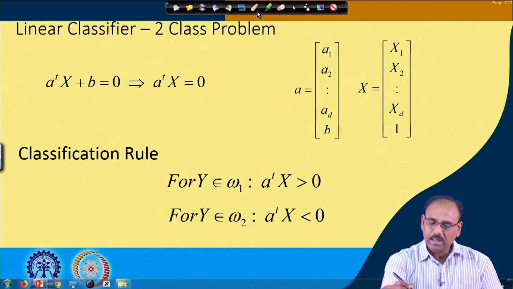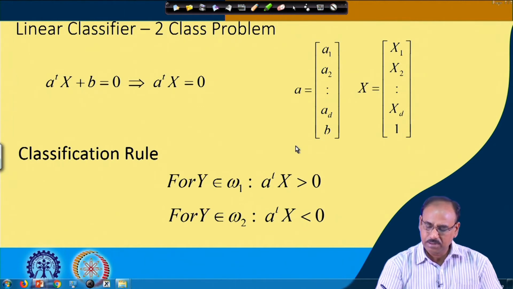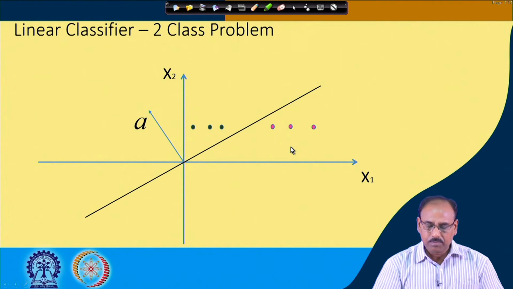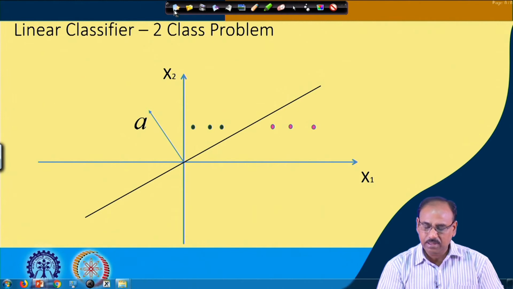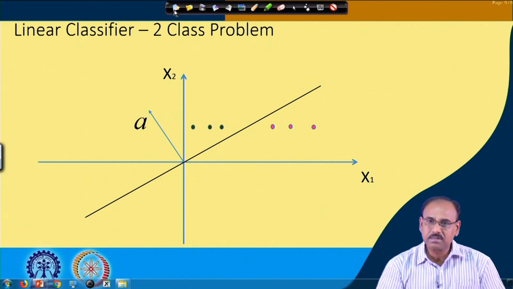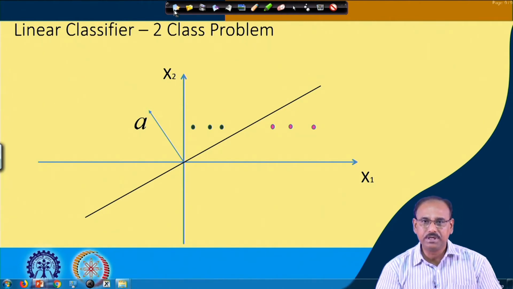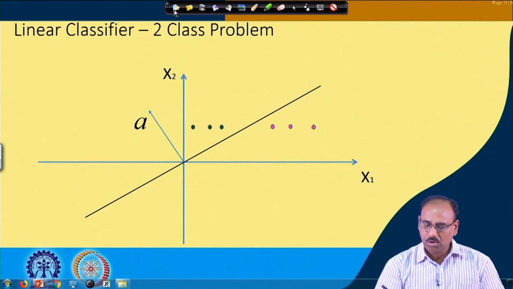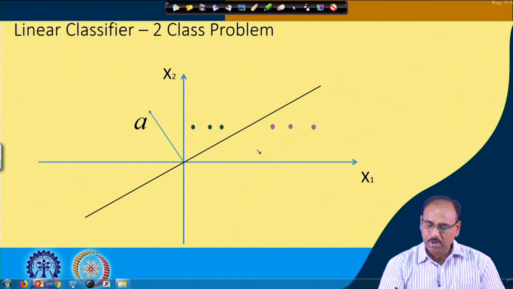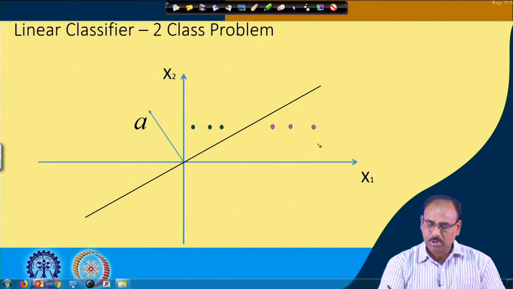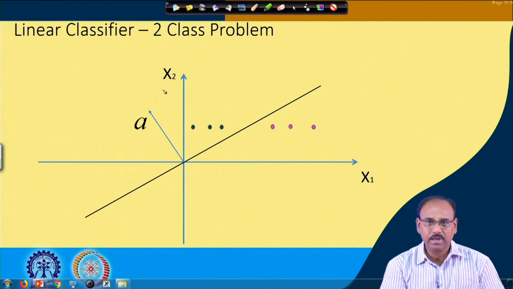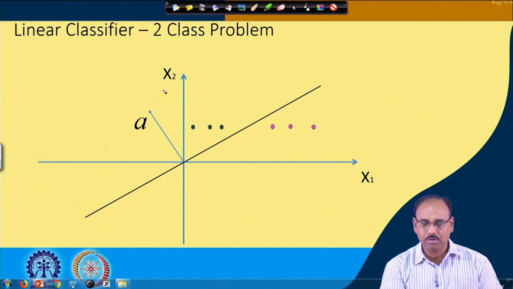I can do another modification. As one of the components of the feature vector x, I have made it equal to 1. So in the modified form, the feature vectors will appear like this: this is the x1 component and the other component has been made equal to 1.